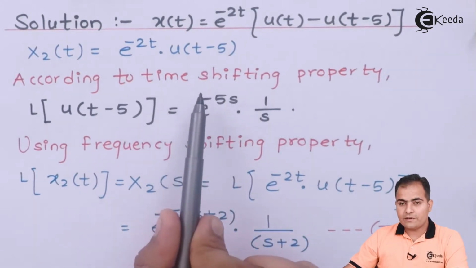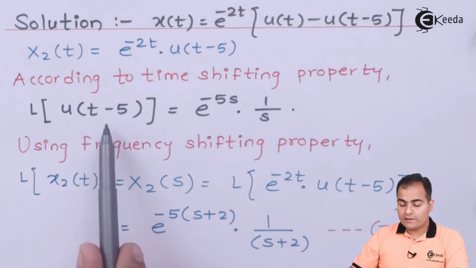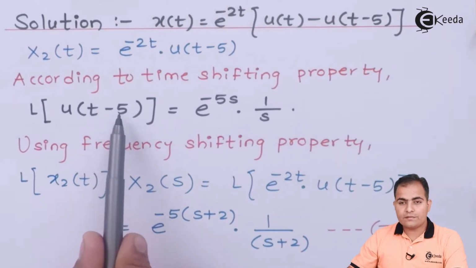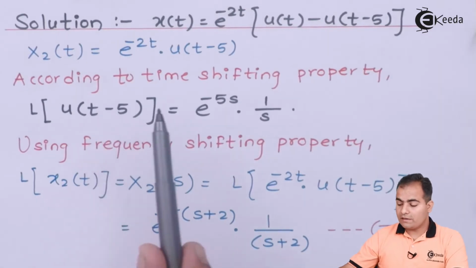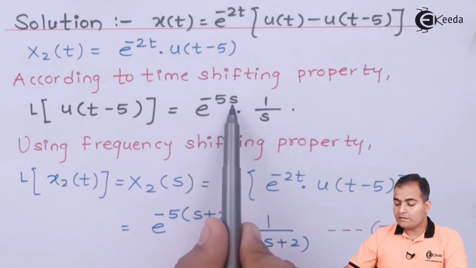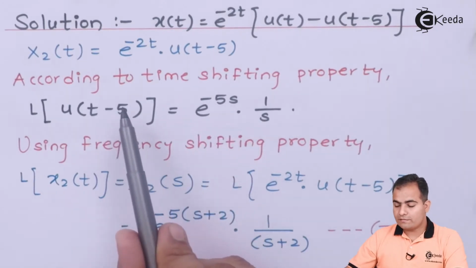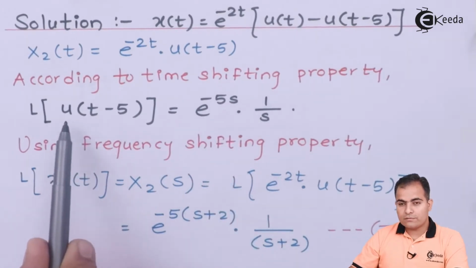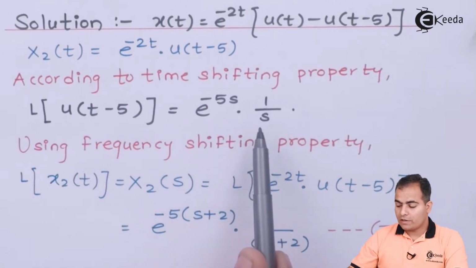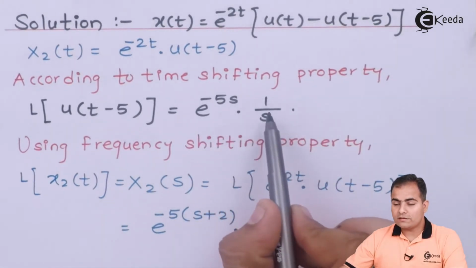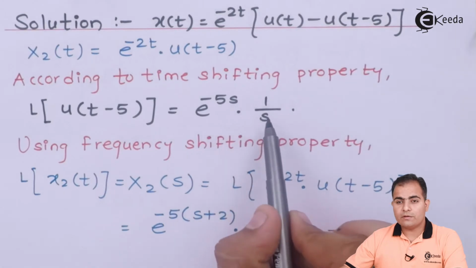According to the time shifting property, for u of t minus 5, this minus 5 will be multiplied with s in the power of e. So what you will get is e to the power minus 5s into the Laplace transform of u of t, which is 1 by s. So you can write this as e to the power minus 5s upon s.